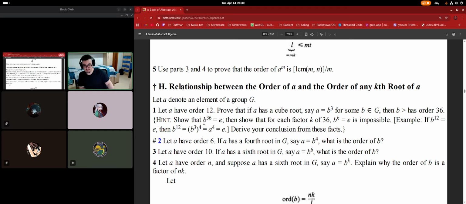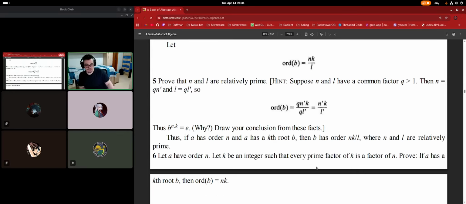So I'm saying b to the 60 is equal to e, and for each factor k of 60, this should be impossible. But that's the thing. Not all factors of 60 can be written in terms of fives. So maybe that is why this needs to be true.